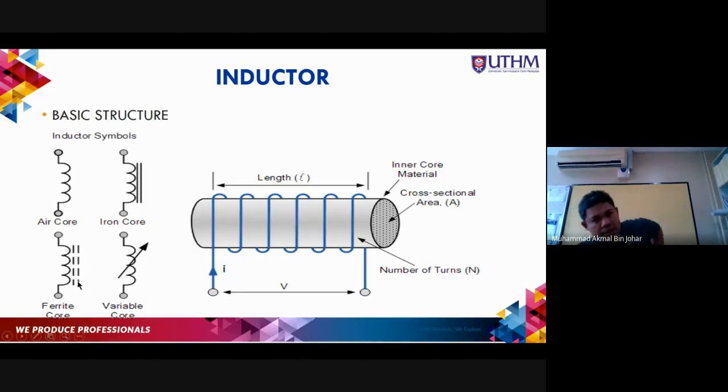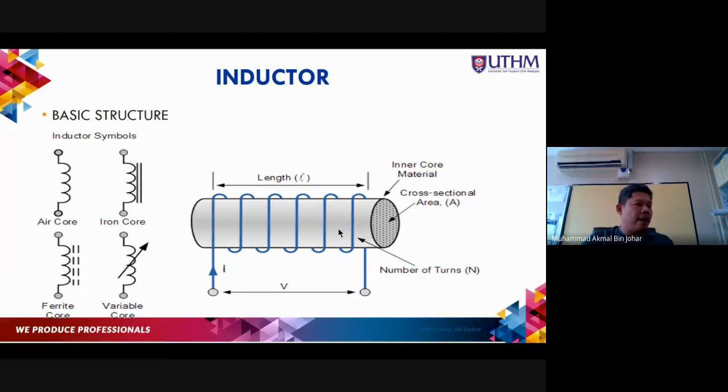Okay. The structure of an inductor is built from a few parameters. The first parameter is the cross-sectional area, A. This area determines the area for the flux to develop inside. Then you have the length of the inductor, which also plays a role here. Another one is turns, and how many turns you have inside the inductor will determine the value of your inductance.